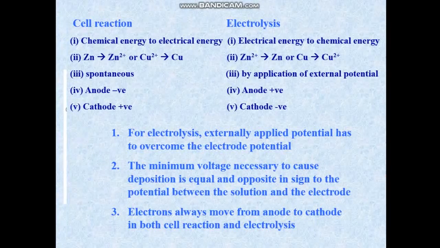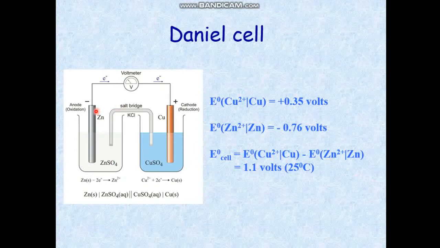How? Look here, in the anode, oxidation takes place because zinc is releasing 2 electrons. On the other hand, in the cathode, reduction takes place because copper is consuming 2 electrons.